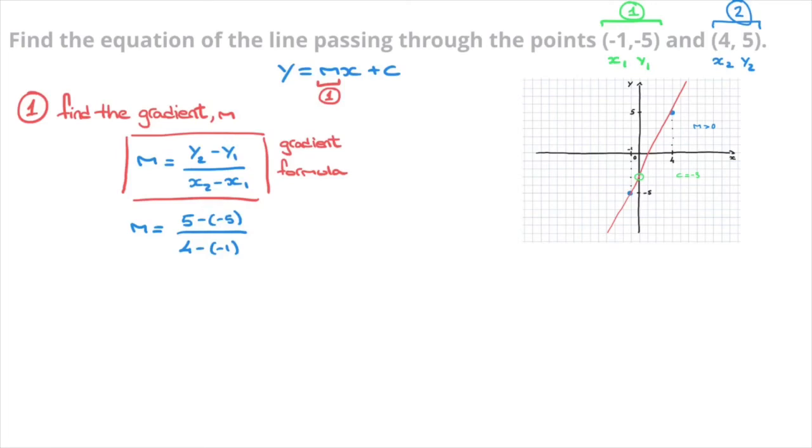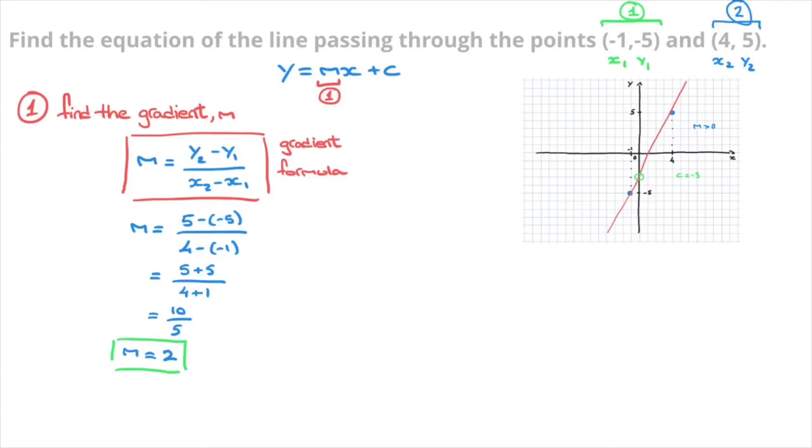We have on the numerator 5 plus 5, and on the denominator 4 minus -1, that's 4 plus 1. That leads to 5 plus 5, which is 10, over 4 plus 1, which is 5, and finally m is equal to 10 over 5, which is 2. So that's the gradient, and we can go ahead and box that result. That's our result of step 1.